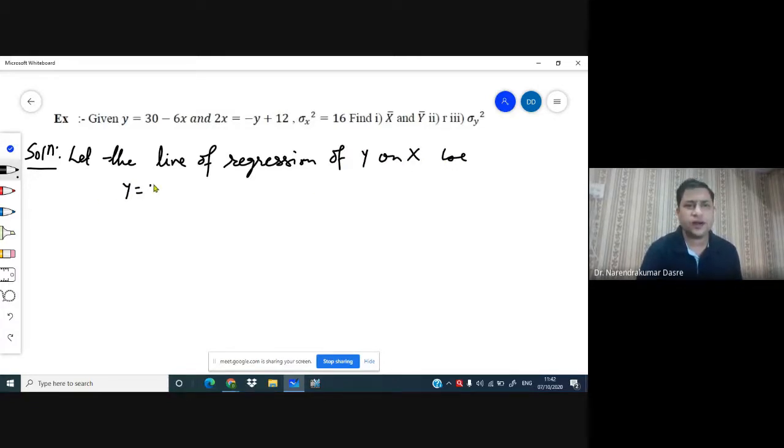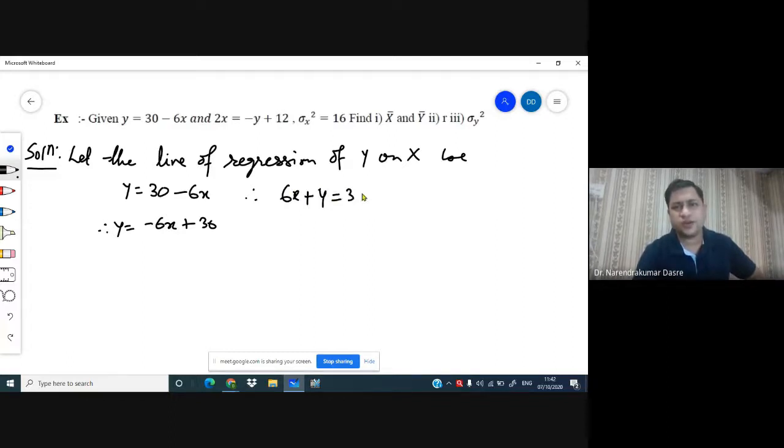We can have y is equal to 30 minus 6x, or we can write this as y is equal to minus 6x plus 30. And I can write this as 6x plus y is equal to 30. Let this be equation 1.